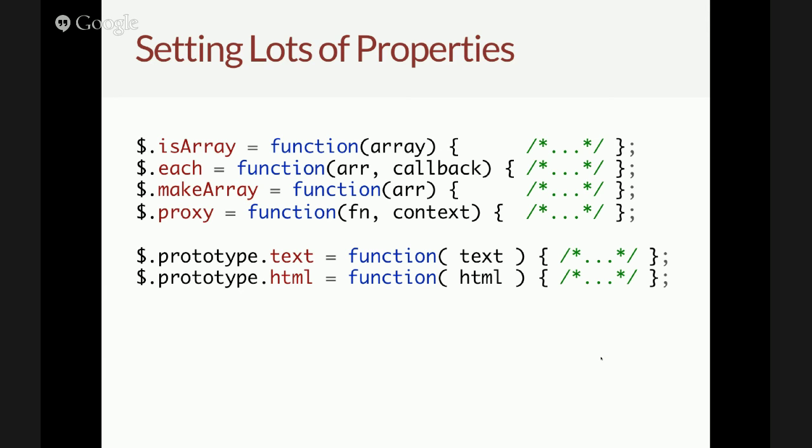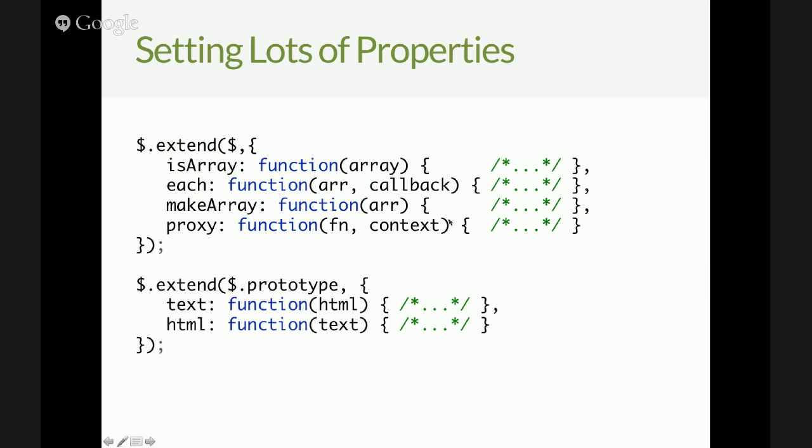So the first is, even when we're building our own version of jQuery, instead of writing out every single function, like having to write $.fn a billion times and then having to write $.prototype for things in the prototype of our version of jQuery, we can clean up our code and say, I want to add all of these functions into $, and I want to add all of these functions into $.prototype.